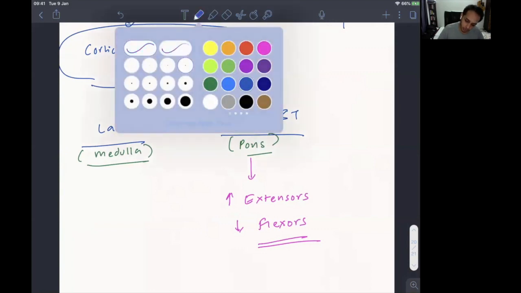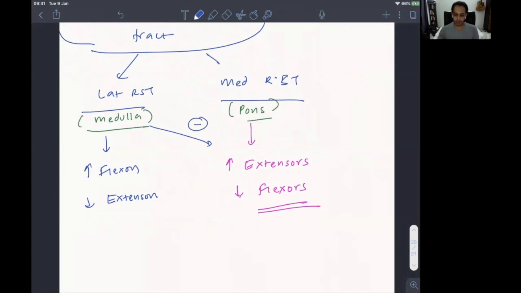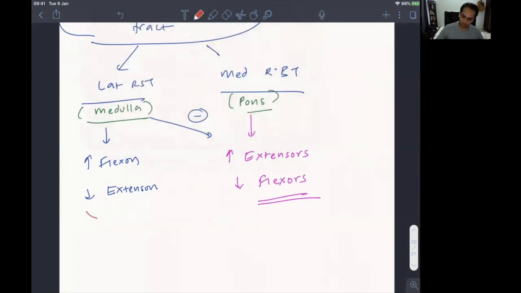And it is the role of the lateral one, that is the one that comes from the medulla, to excite the flexors and inhibit the extensors and also inhibit the medial one. So by modulating your medial reticulospinal and lateral reticulospinal, you are able to alternately stimulate the extensors of one side, inhibit the flexors of that side, stimulate the extensors of the other side, and so on.